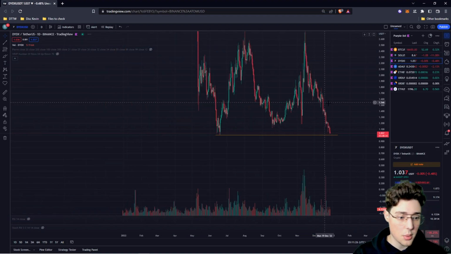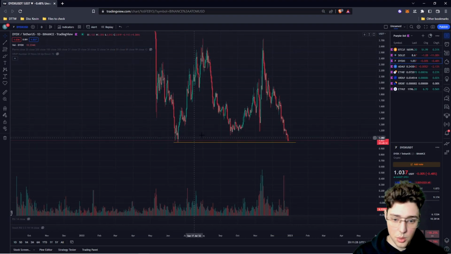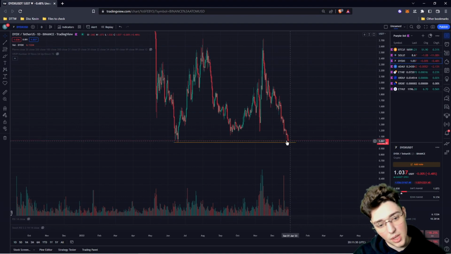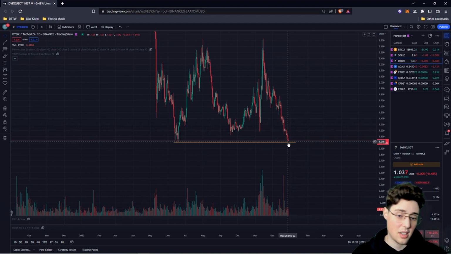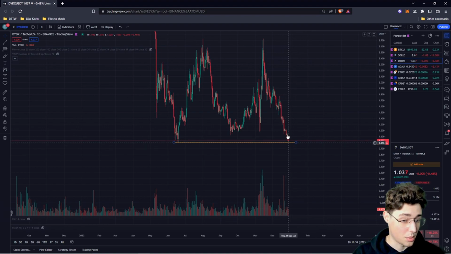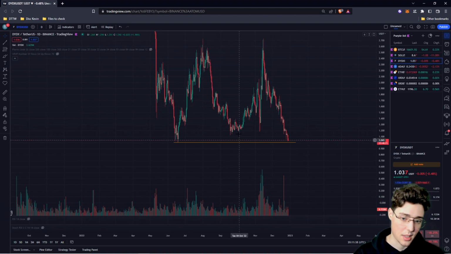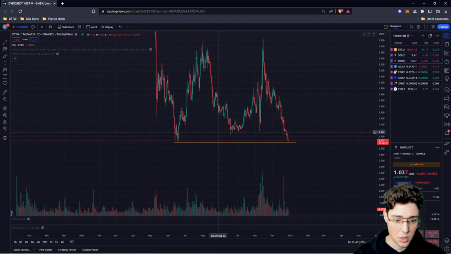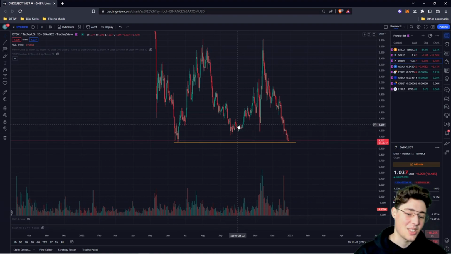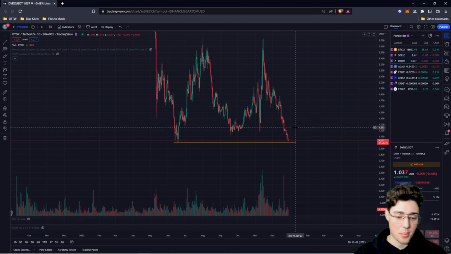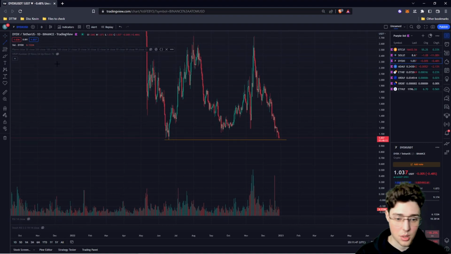DYDX not doing too hot. We do see that it's making its second tap here, so there is potential for a bounce up, but it's not looking great because we also have this in the middle. It didn't really manage to tap its low. It's not really a triple tap, but it's not something I feel excessively comfortable about.